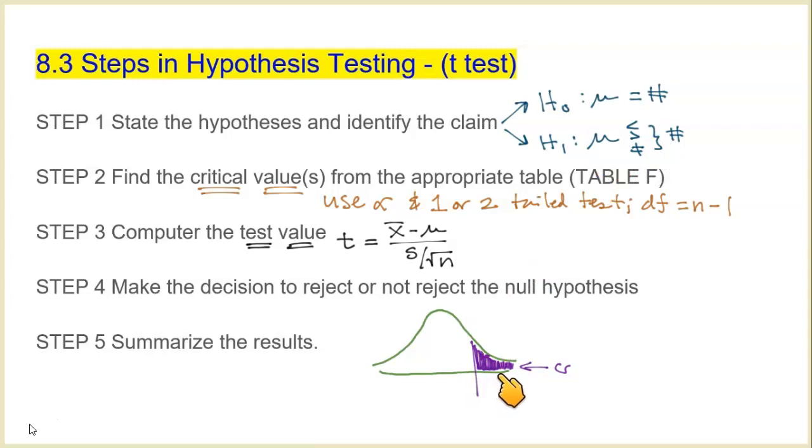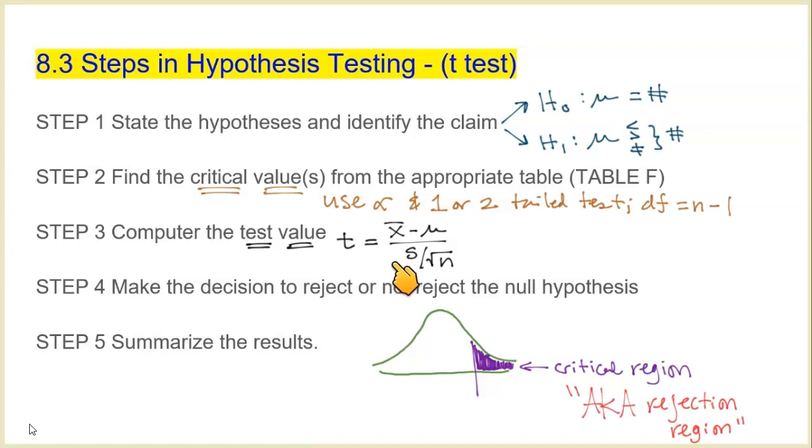So the area in the tail is going to be based on that. And then that's considered our critical region, or AKA the rejection region. And so we look at our test value and determine, is that test value in the critical region? Then we would reject the null hypothesis, or is that test value outside of the critical region and we do not reject the null hypothesis.